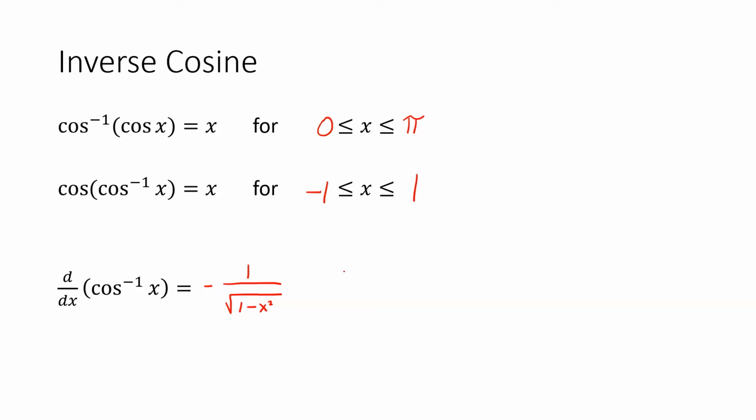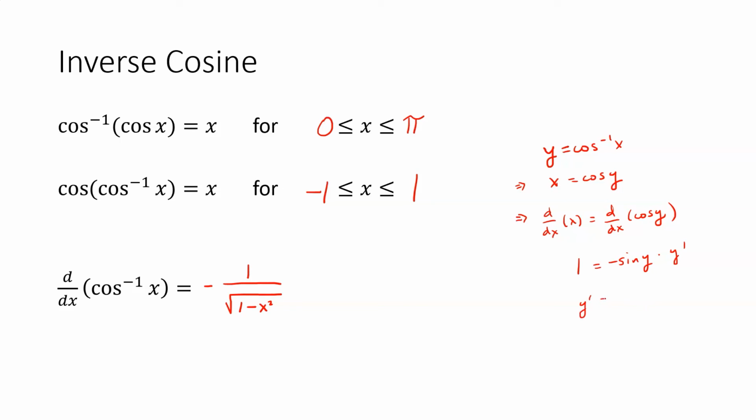And in this case, that's because if we were to walk through that same procedure that we did before, right, if I take y equals cosine inverse of x, so x equals cosine of y, and then I take the derivative of either side here, you get 1 equals negative sine y times y prime.